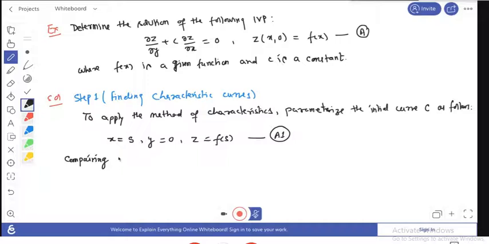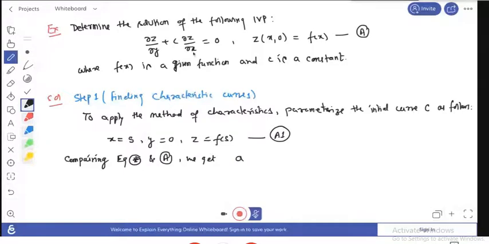So comparing with your main equation, which is the general form of a linear first order partial differential equation, what is the value of a here? a is basically the coefficient of del z over del x.